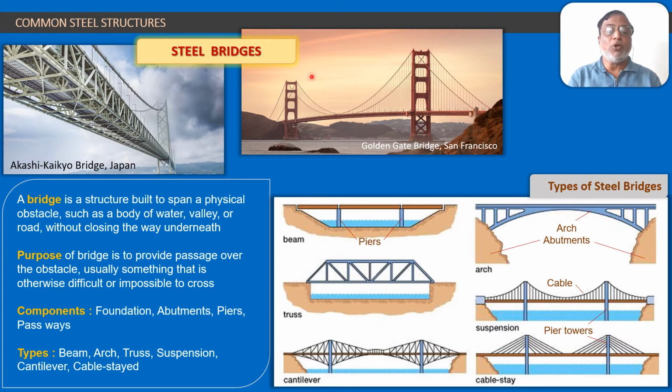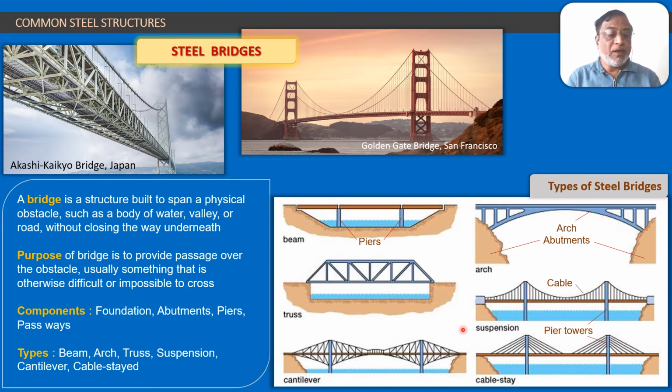Now, from the two tower piers, huge steel cables are suspended, and the middle part of the bridge is supported on these cables by some vertical cables. So this type of bridge is called a suspension cable bridge. You can see this cable here. So these cables are suspension cables, and these vertical piers are pier towers.